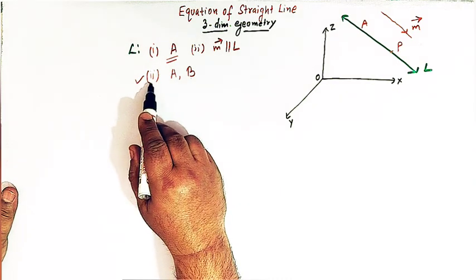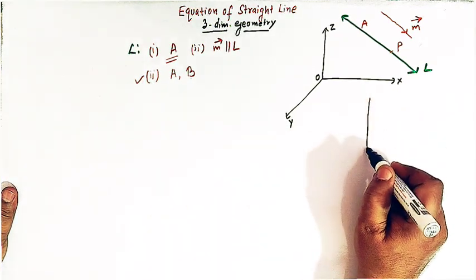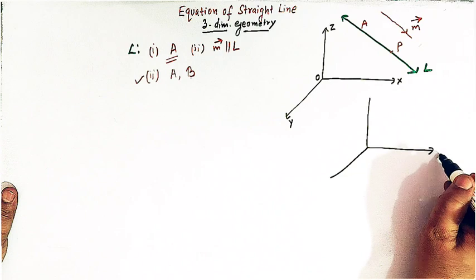When we have this second case, the diagram goes like this.